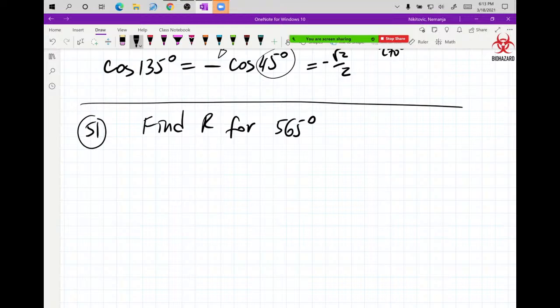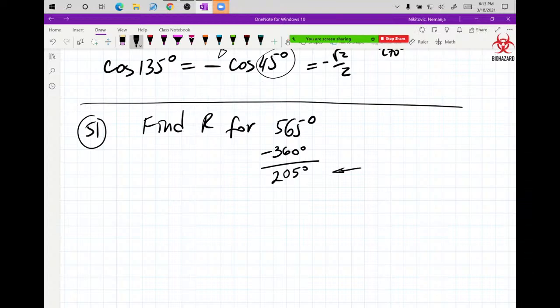So I first need to reduce this into the first revolution, which means keep taking away 360s until you get a number that is lower than 360. Well, luckily, we got that immediately on the first calculation.